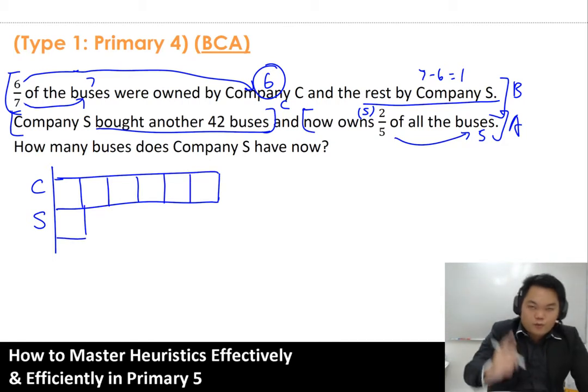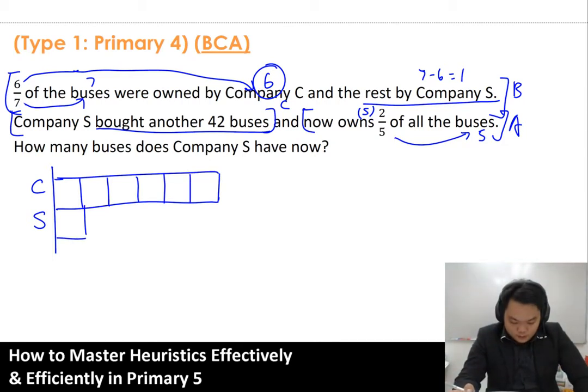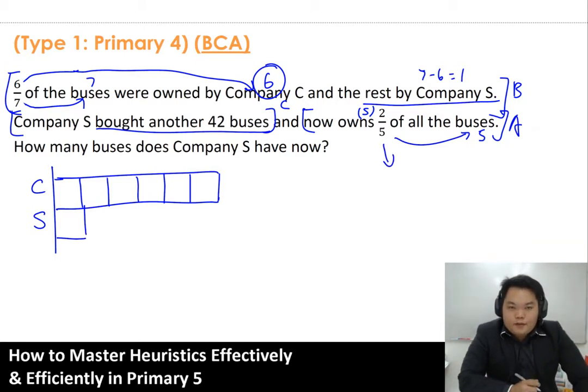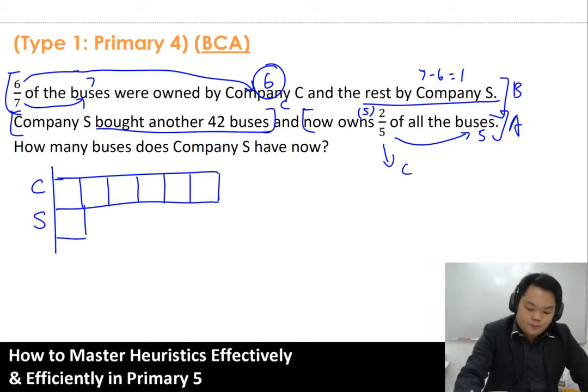Company S has 1 unit. Okay, when you read this statement, if Company S owns 2 out of a total of 5 of all the buses, it also means that Company C owns 3/5 of all the buses.